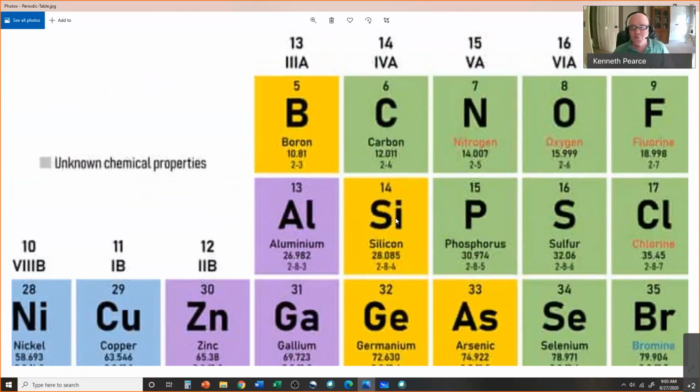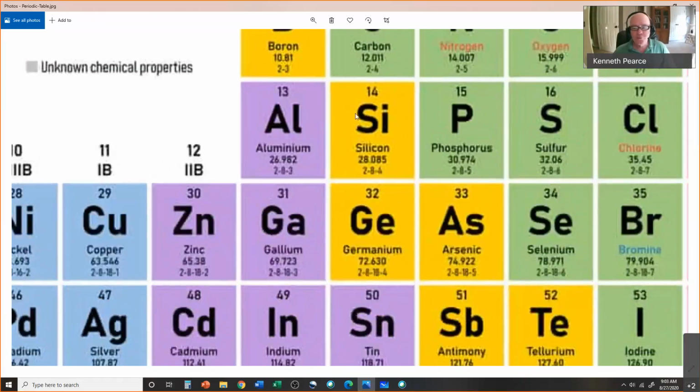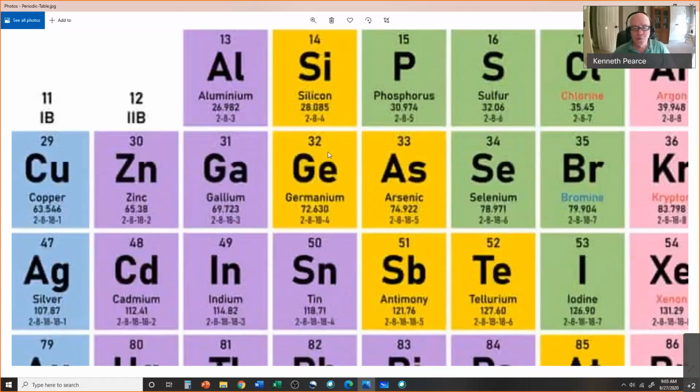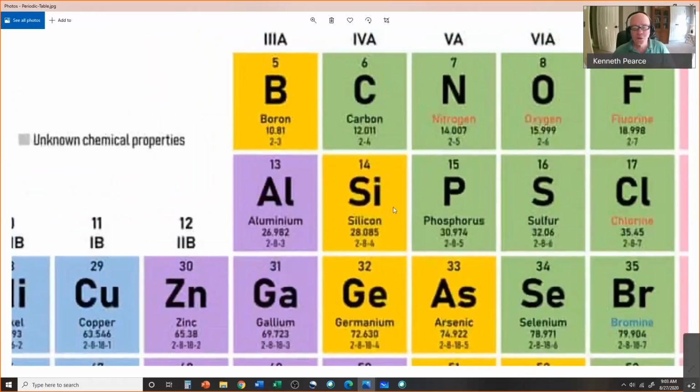And you have nitrogen as N, and oxygen is O. And each one of these is a symbol and a name on the periodic table. And you may notice that some of them have two letters. Some of them have two letters, like silicon is Si and chlorine is Cl.